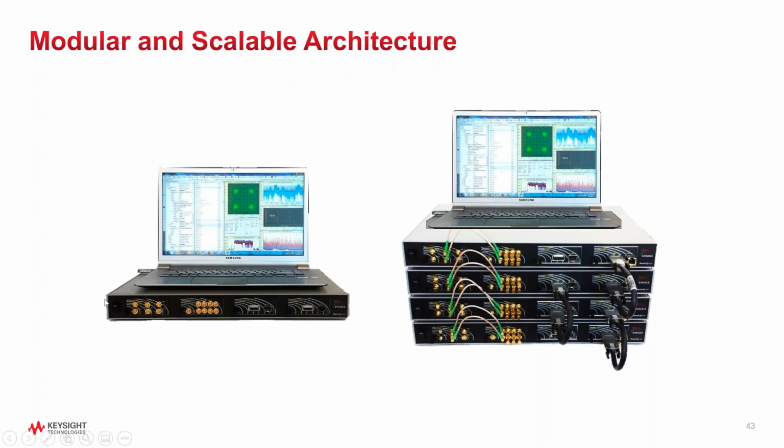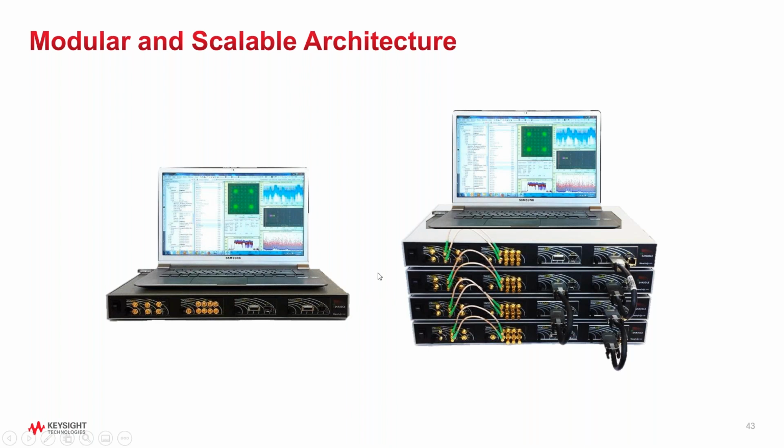So this is a one-U rack-mounted unit here that has 4 modules in it, and so it's a modular system where this particular module can be configured for 4G. So there's a 4G license that goes on it. And you can also add a 5G license and turn this into a 5G unit.